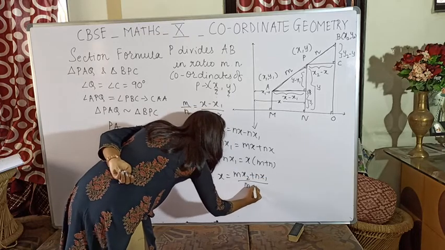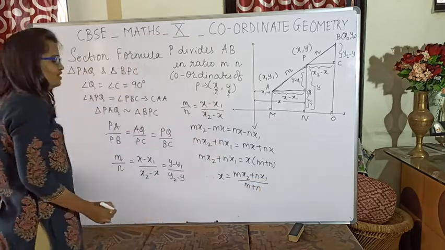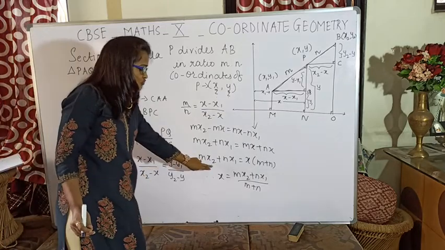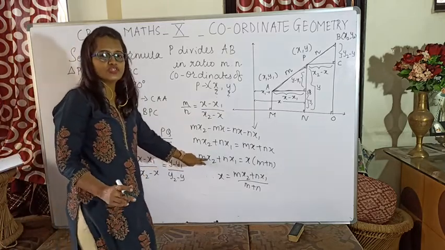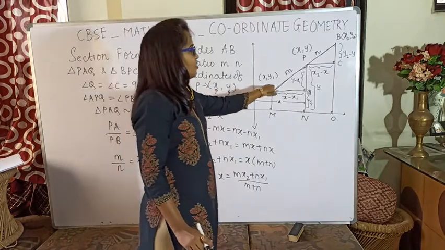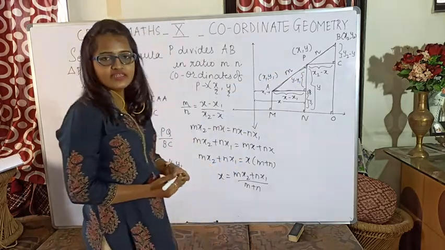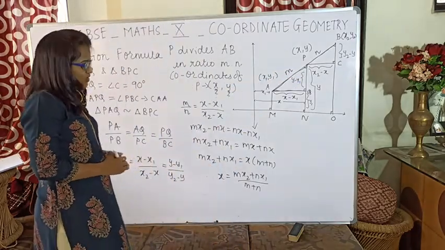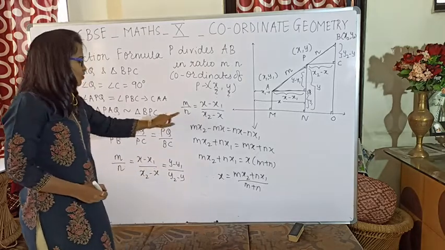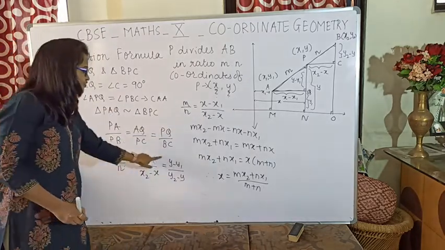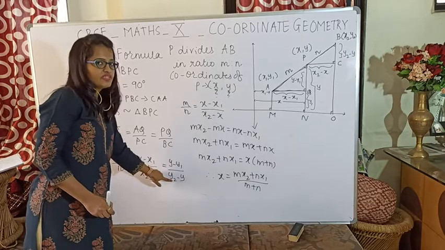upon m plus n. Okay, so this is the formula for finding the coordinates of a point present on the line which is dividing the line in the ratio m is to n. Similarly, now I will be considering m by n and y minus y1 upon y2 minus y.